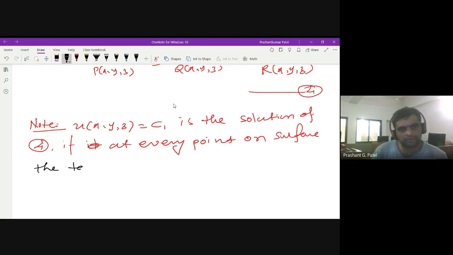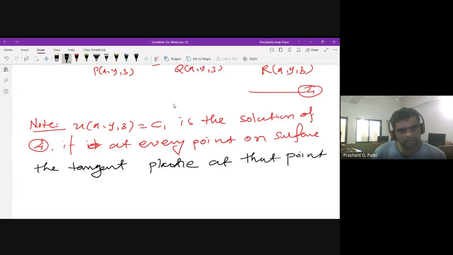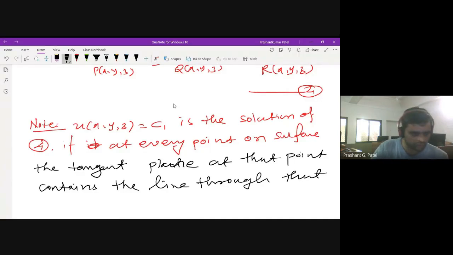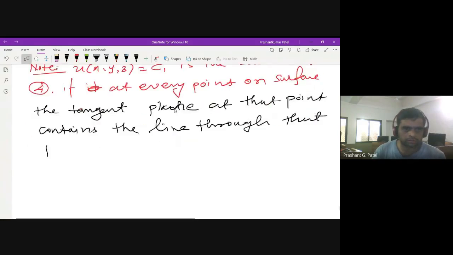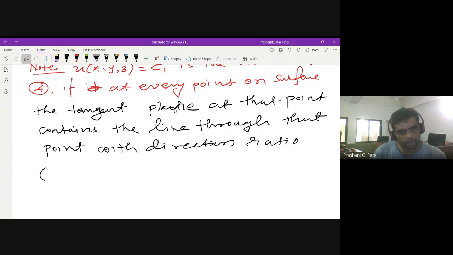The tangent plane at that point contains the line through that point with the direction ratio PQR.